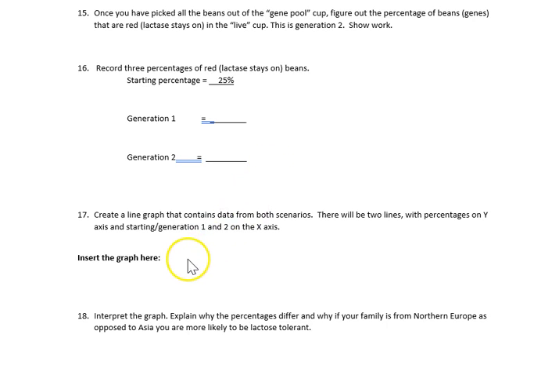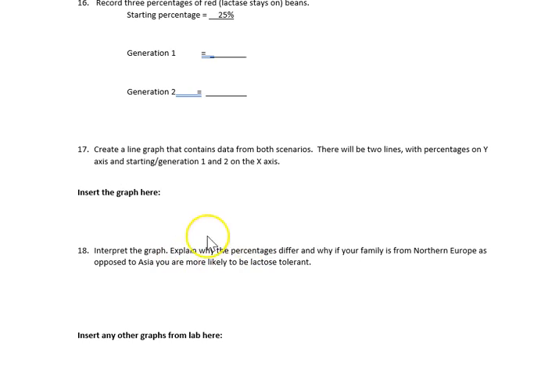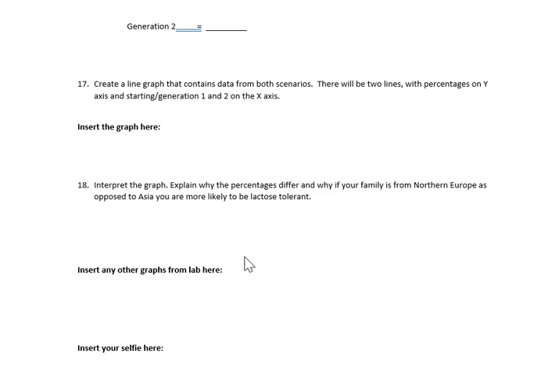You're going to create the graph on a piece of graph paper, take a picture, scan it, and insert it here. Then you're going to interpret the graph. That's going to be the key part. You need to be able to tell me what the graph is telling you, what the exercise taught you about the persistence of this lactase gene over generations.